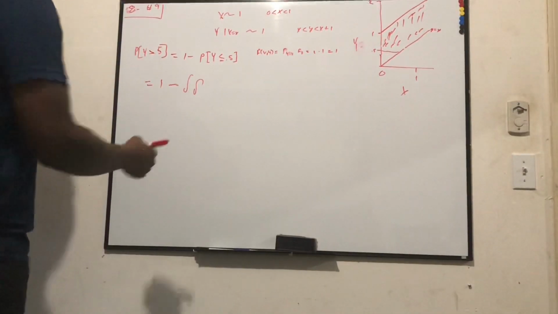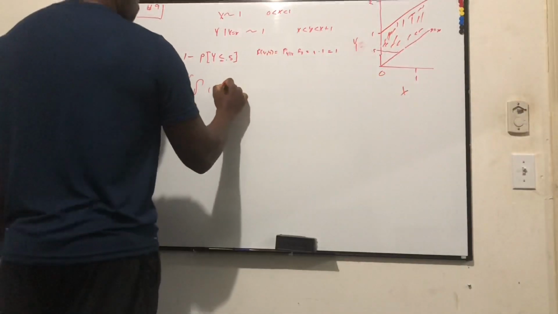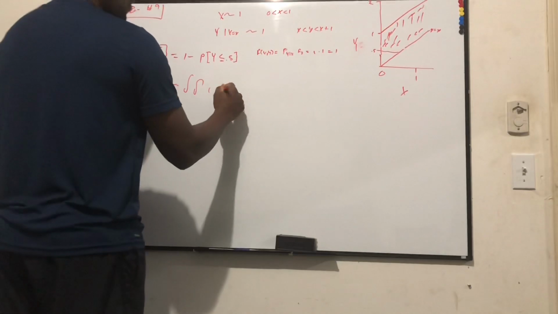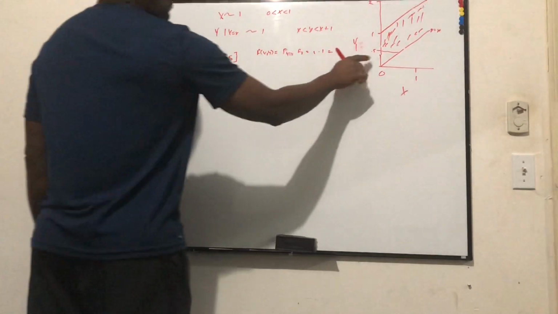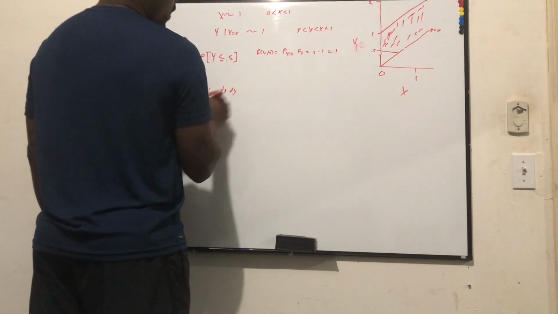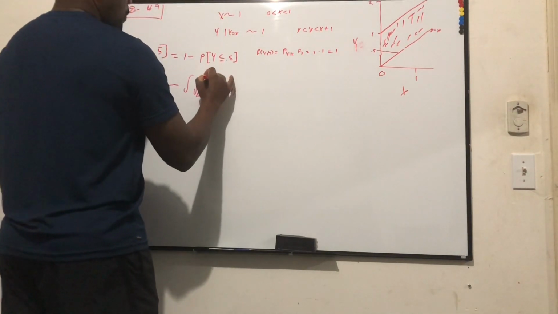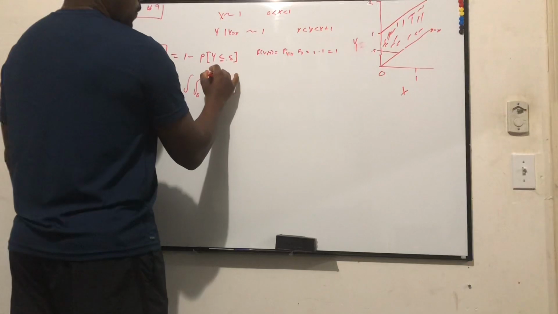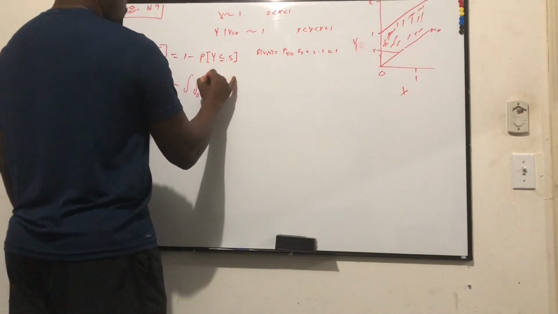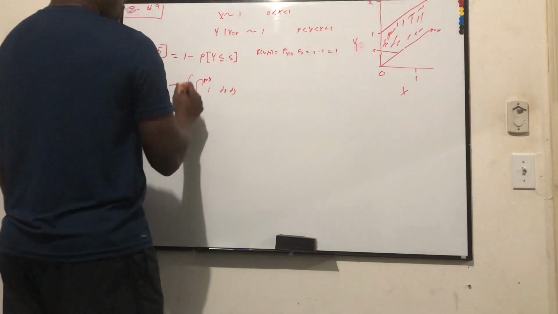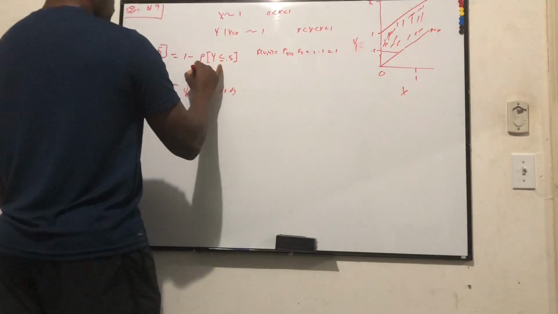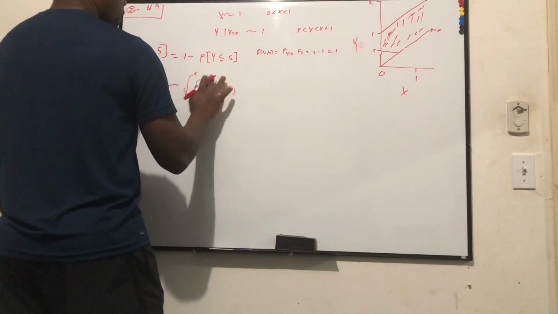The PDF is 1. So let's integrate x from 0 to y, and y from 0 to 0.5.